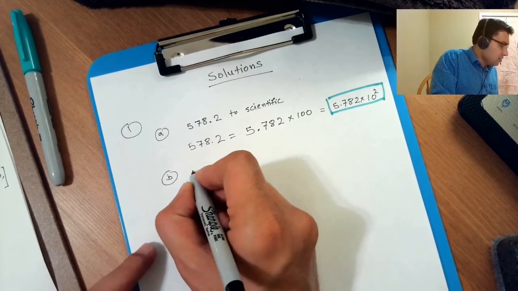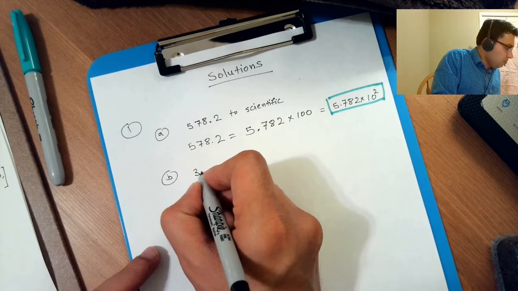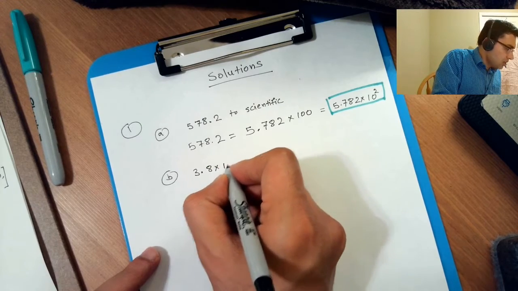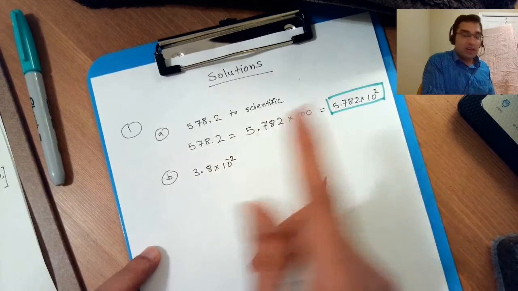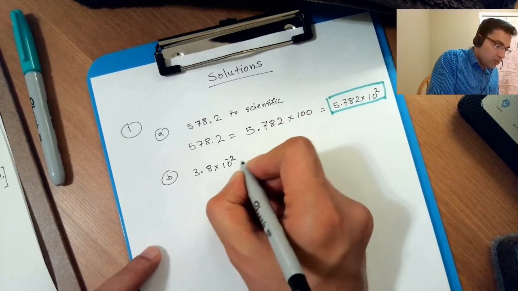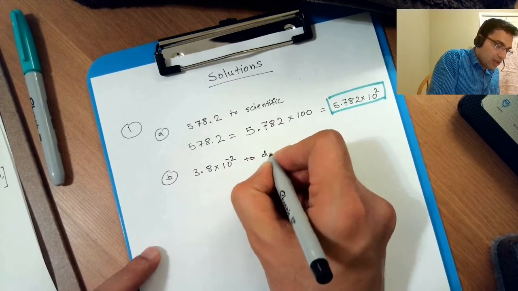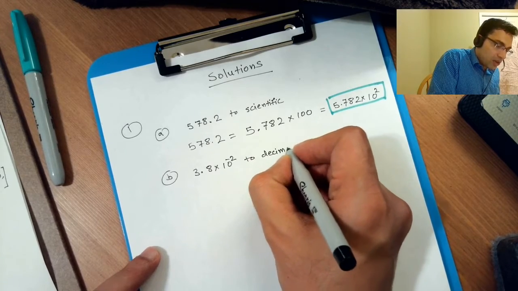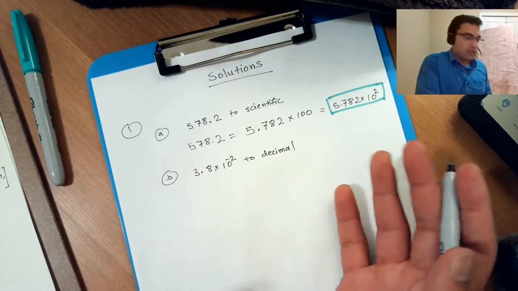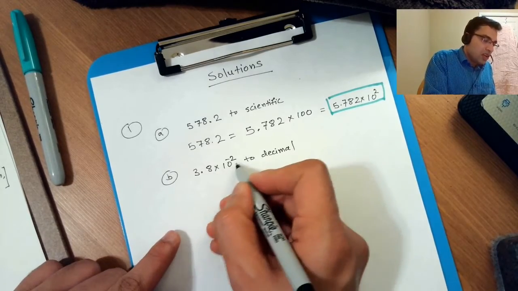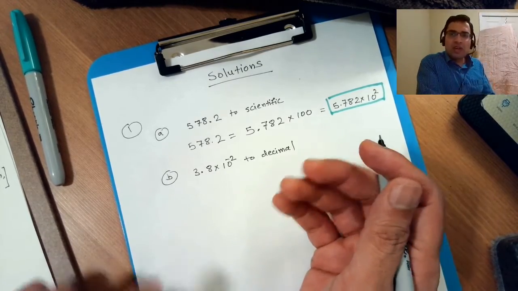The next one says convert 3.8 times 10 to the power negative 2, which is in a scientific format, to a decimal format. Decimal is just how you regularly write numbers. So what is 10 to the power negative 2? Do you remember?